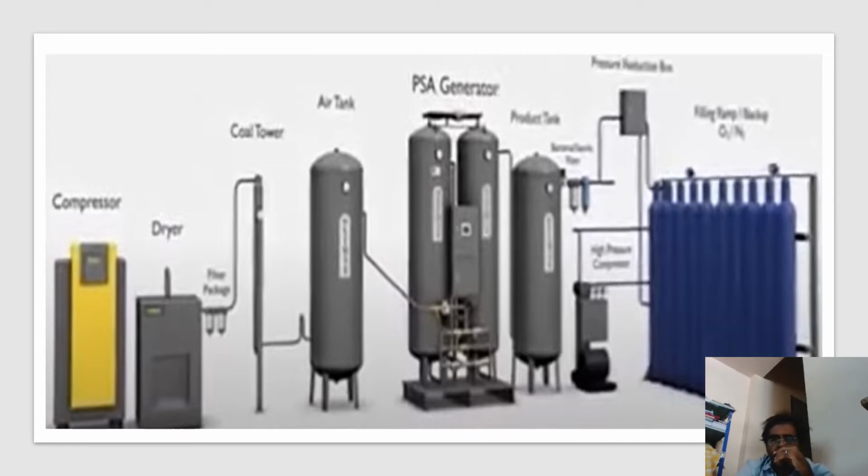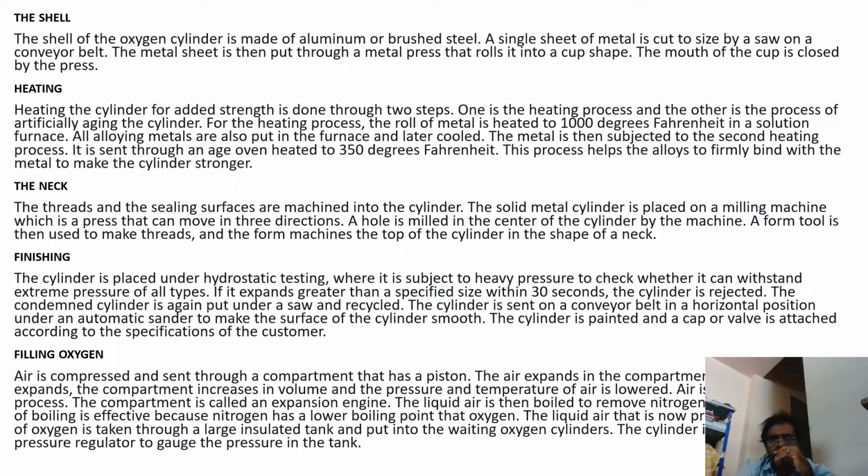It is bottled up in the cylinders and sent for distribution. This is how the oxygen plant works. The compressor is compressing the air, and the dryer is heating it. So a lot of internal processes take place, and finally we get the oxygen.